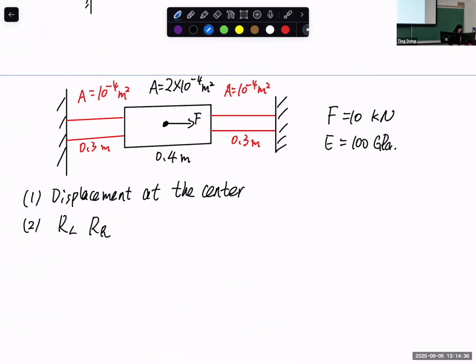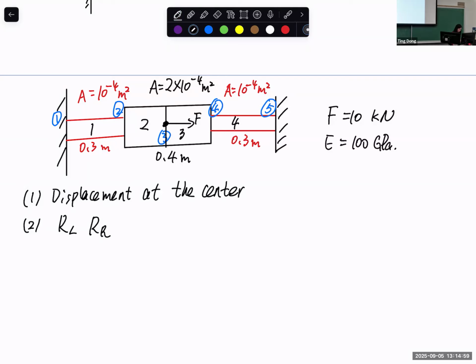This is node 1, node 2, middle part node 3, node 4, node 5. And for the elements, you discretize this into element 1 and element 2, then element 3 and element 4. We have 4 elements, 5 nodes.